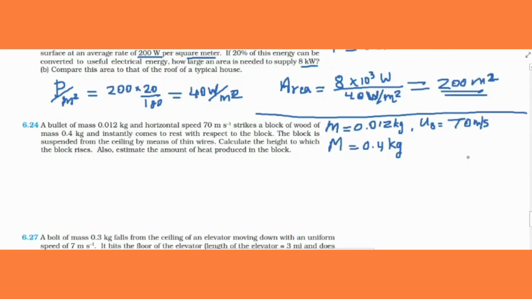So here the block is suspended like this. When the bullet hits, you can see the block goes upward. And how much is the height to which the block is lifted?